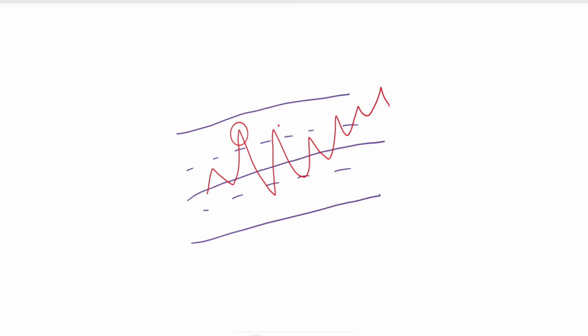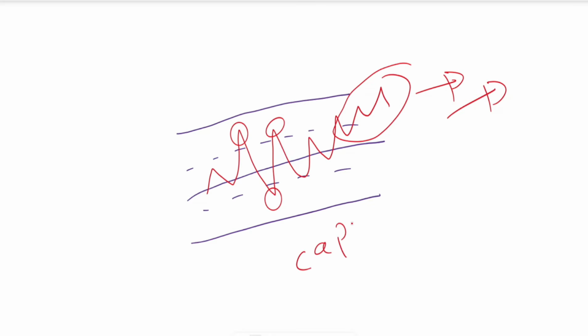Here it is crossing the upper control limit, here it is crossing the upper control limit, and here too. And here there is a pattern, moving in an increasing order. So this is capable but not stable.